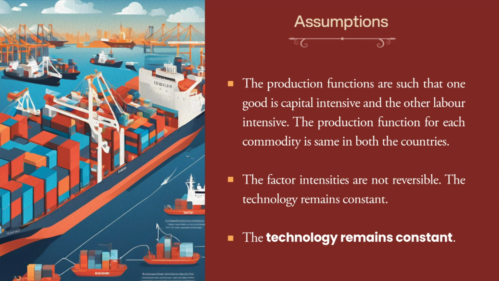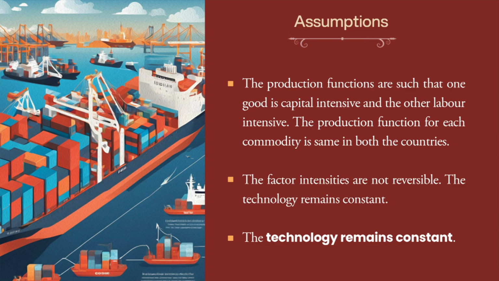What this implies is that, supposing commodity A is labor intensive in one country, it is labor intensive also in the other country. Similarly, commodity Y or commodity B, if it is capital intensive in one country, it will be capital intensive in the other country as well.